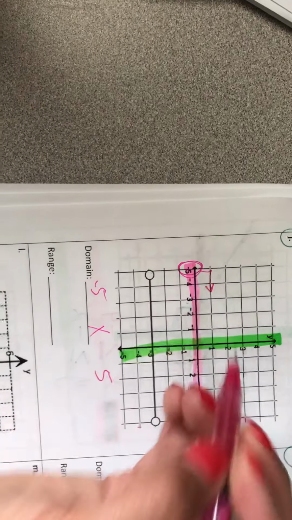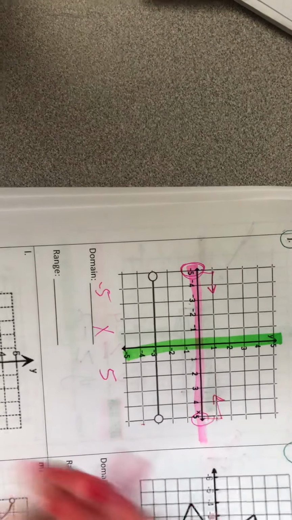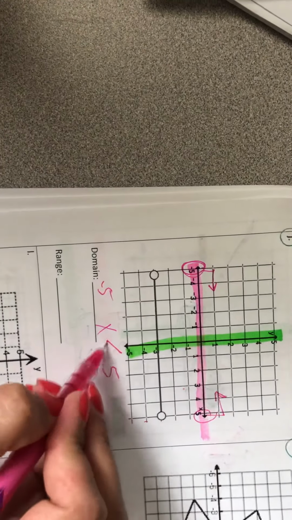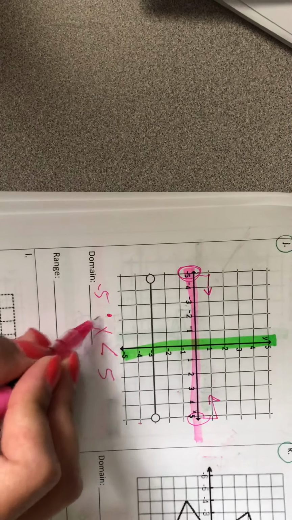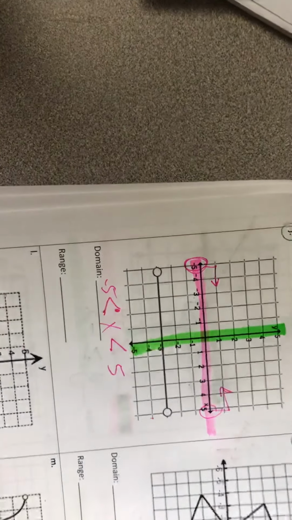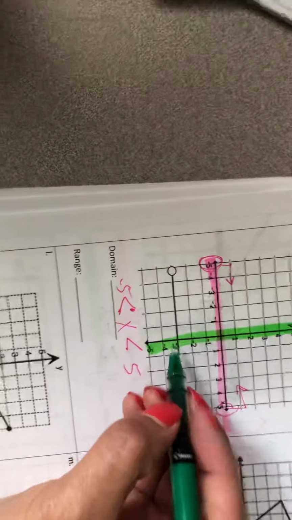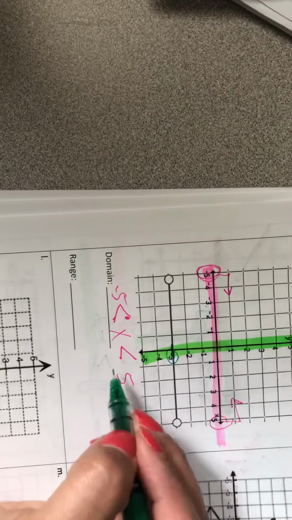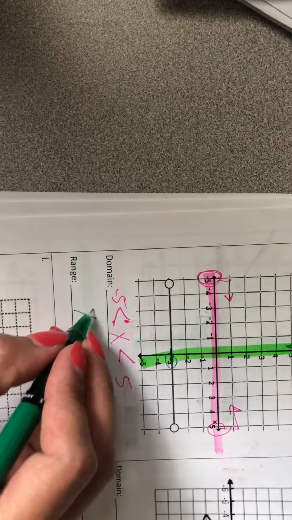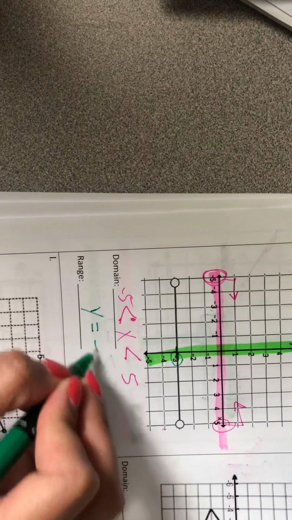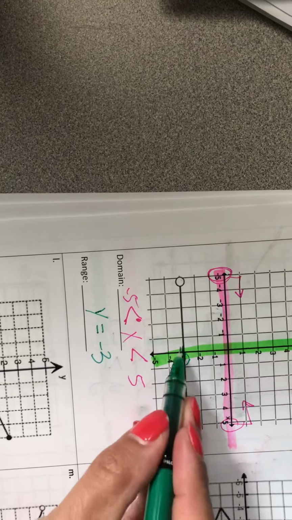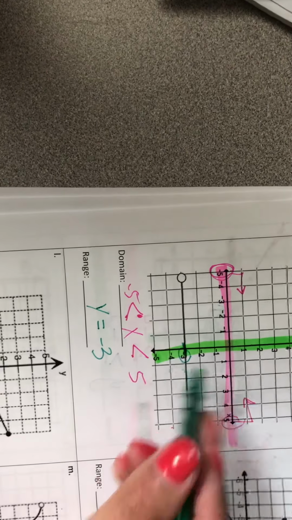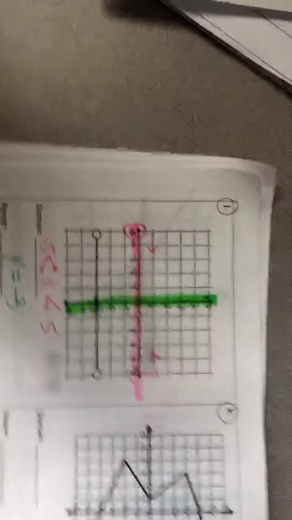From the -5, it goes this way, and from the 5, it goes that way. So it'll be less than 5 and greater than -5. However, for the range, it doesn't go anywhere. It's just sitting here at -3. It doesn't expand either way. So that means that my range is going to be y equals -3 because it's right there, -3 and nothing else. So that's a special case on J.